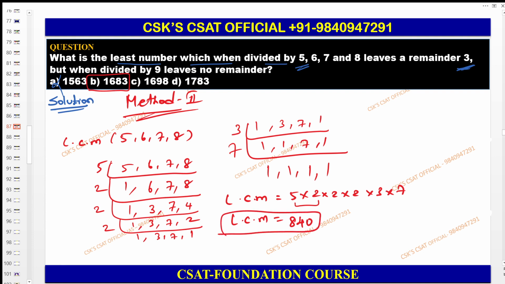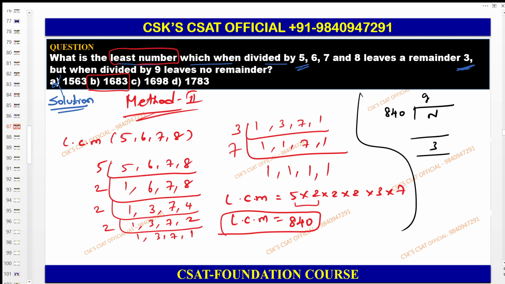After knowing the LCM, we can do this. Some number, the least number, I don't know that least number, so I take that least number as n. When divided by 840, it gives some quotient, and the remainder in all the cases has to be 3. You know the division algorithm.